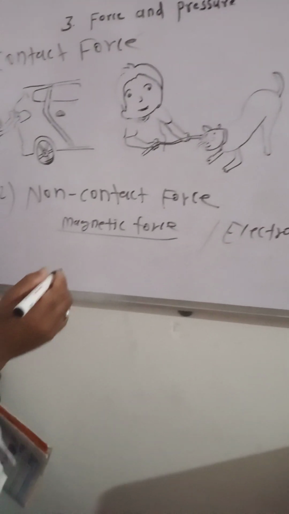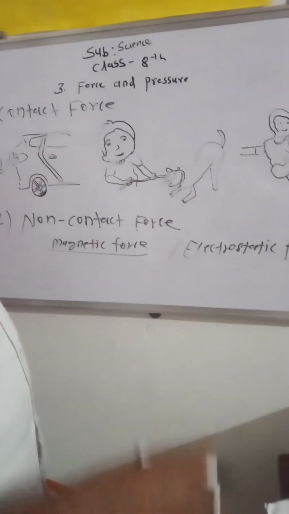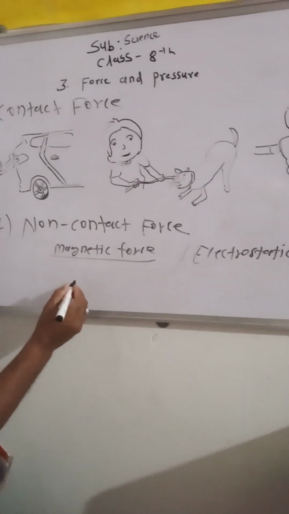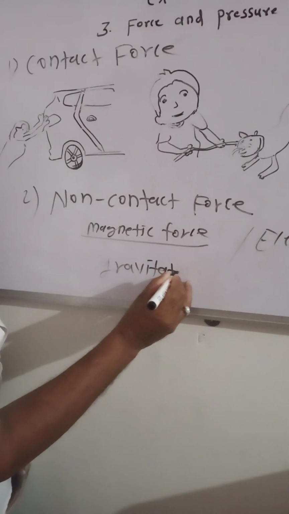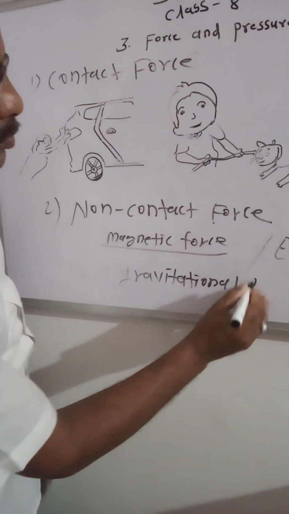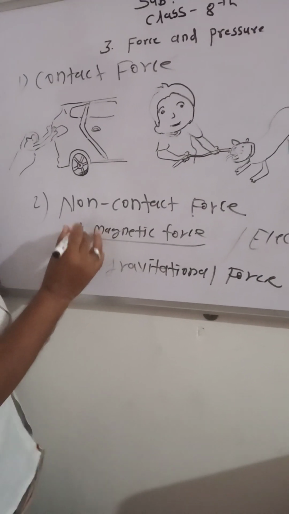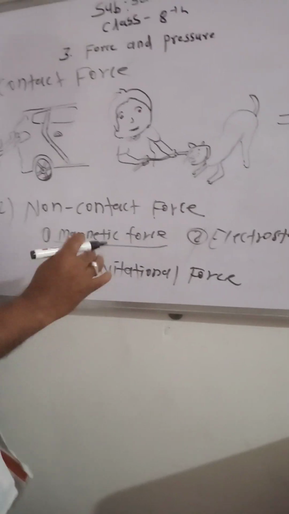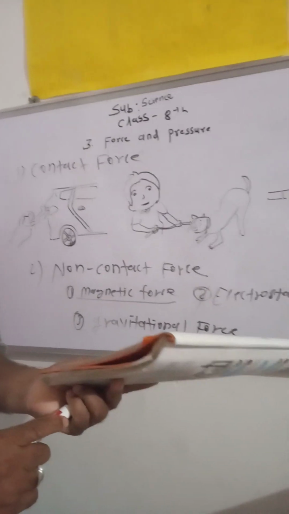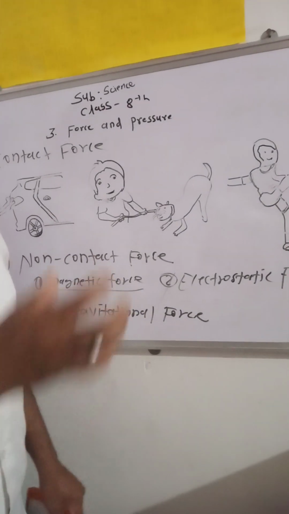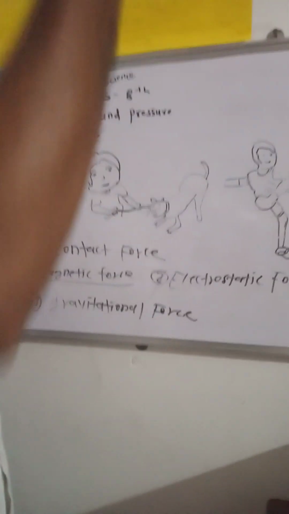Third example is that the coconut is falling from the tree towards the earth. This force is called gravitational force. In this case, the gravitational force acts on the coconut and attracts the coconut from the height of the tree towards the earth.